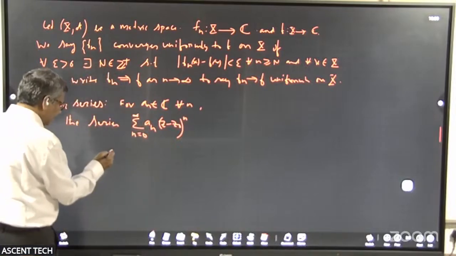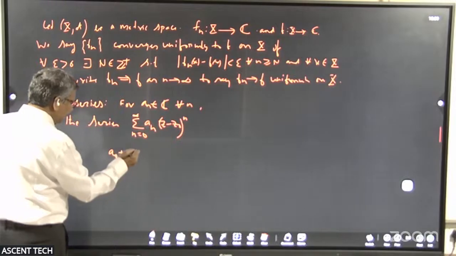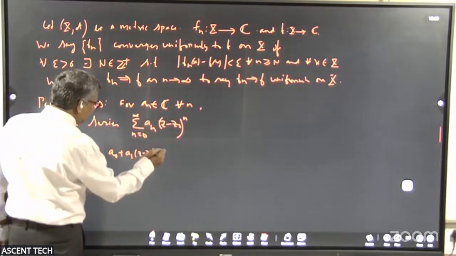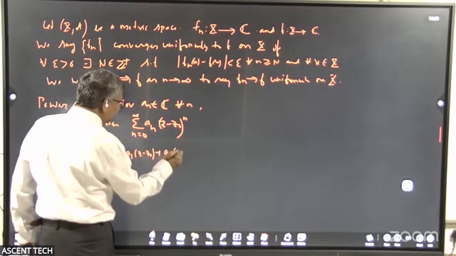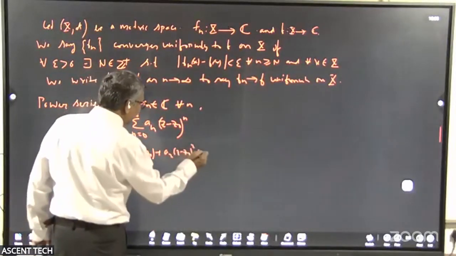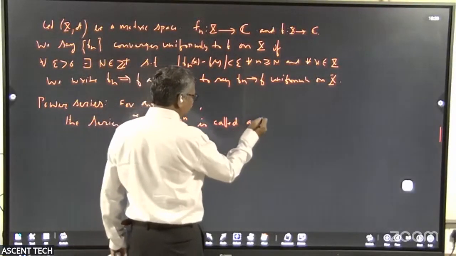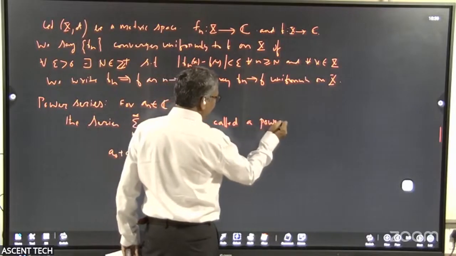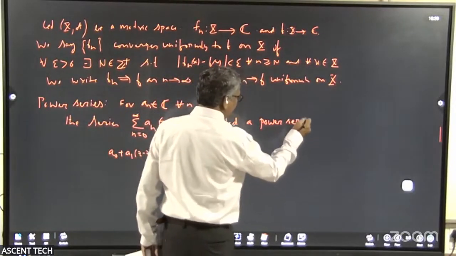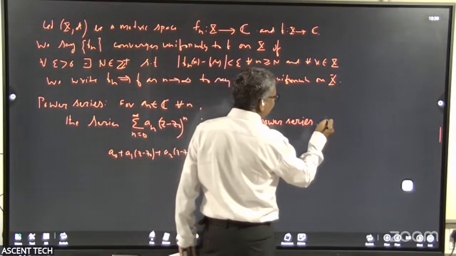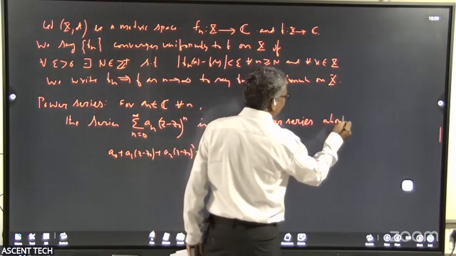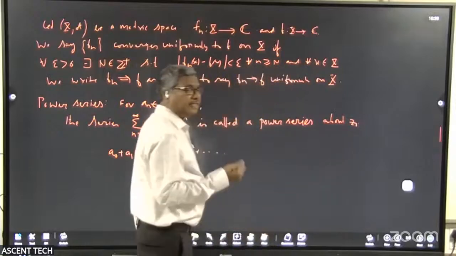In other words, A naught plus A1 (z minus z naught) plus A2 (z minus z naught) squared and so on, going on forever. This is called a power series about z naught, or centered at z naught.